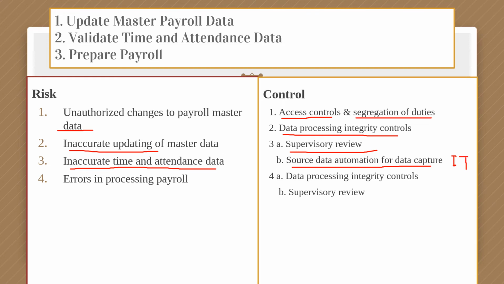And for the fourth one, errors in processing payroll, two activities control it: data processing integrity controls and supervisory review. And what we explain here has been summarized in the table in the previous slide.